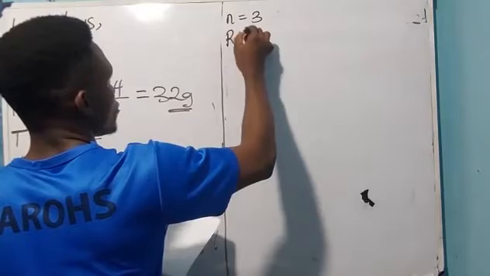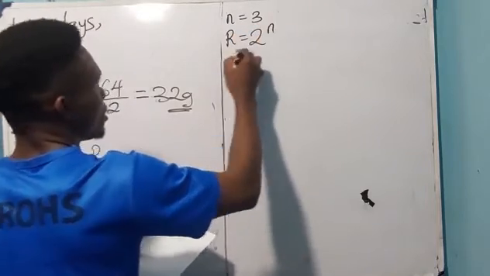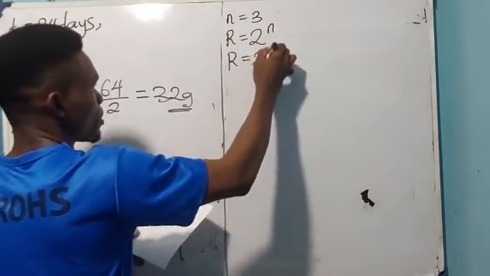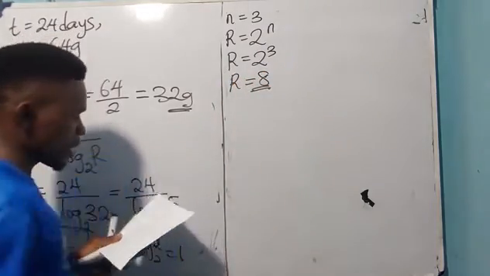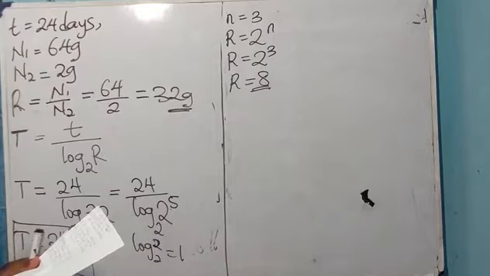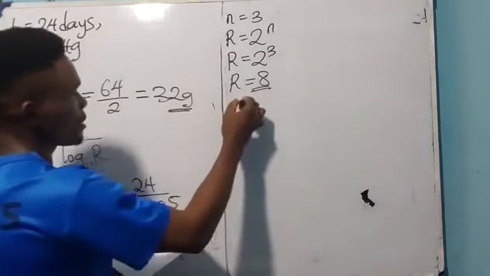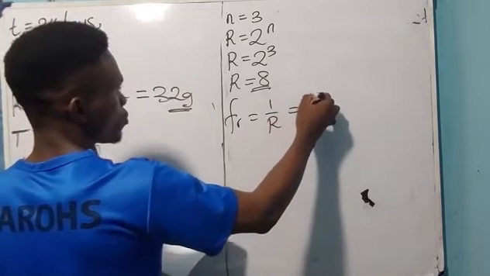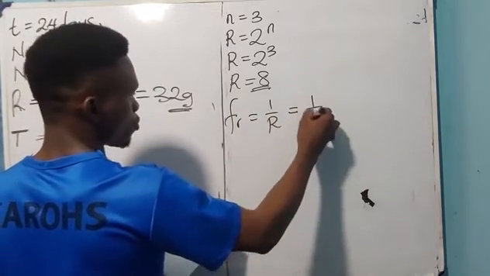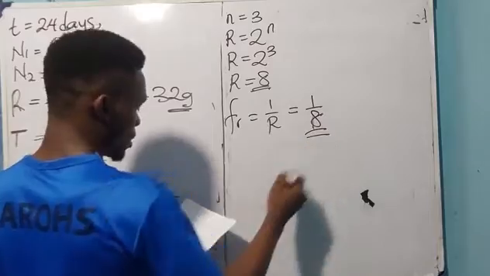And I gave you that r is equal to 2 raised by n. Therefore r is equal to 2 raised by 3, and r is equal to 8. And I told that fraction is equal to 1 over r. It means that fraction remaining is equal to 1 over 8.